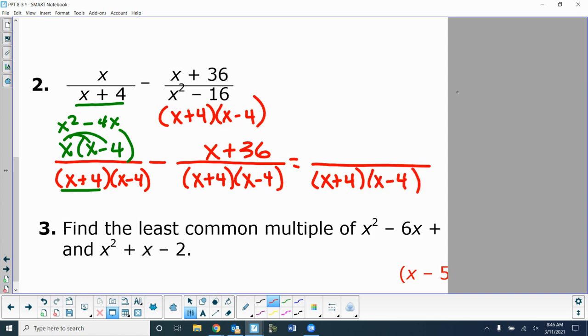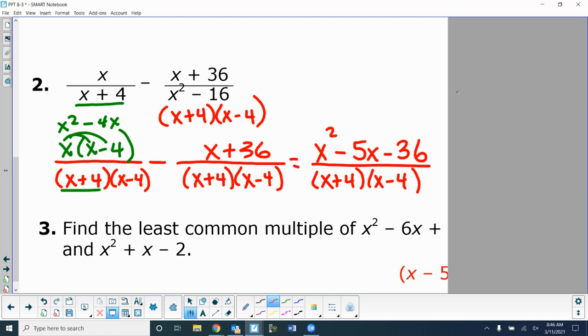So combining like terms, x squared minus nothing is x squared, right? Negative 4x minus x is negative 5x. Nothing minus 36 is negative 36.